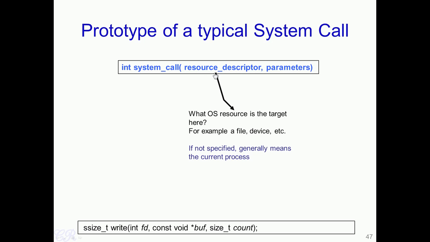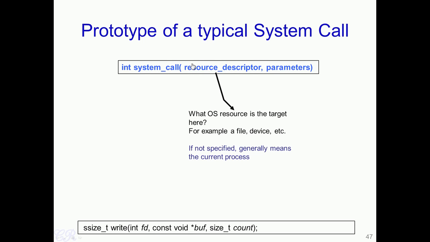For example, it could be a file or a device, and as we have seen in the previous slides, it could also specify a particular monitor. For example, if the resource descriptor is stdout, then the resource in use here is the monitor. So, some system calls also do not specify this resource descriptor.